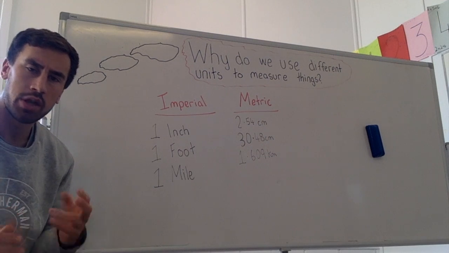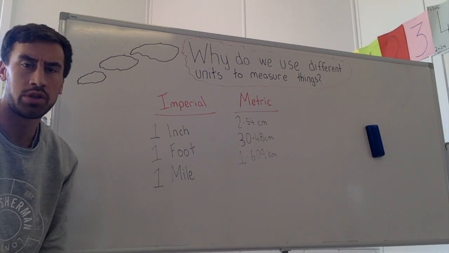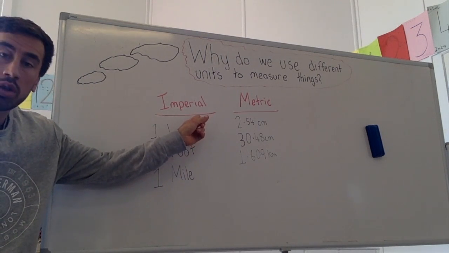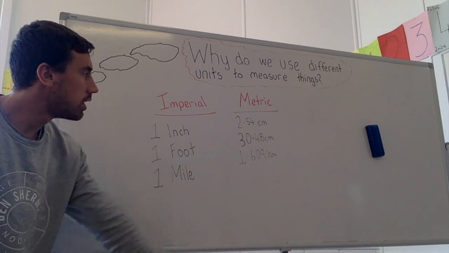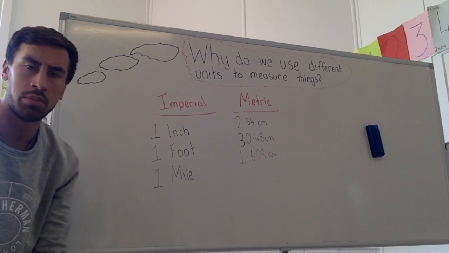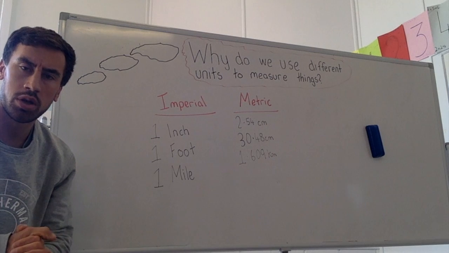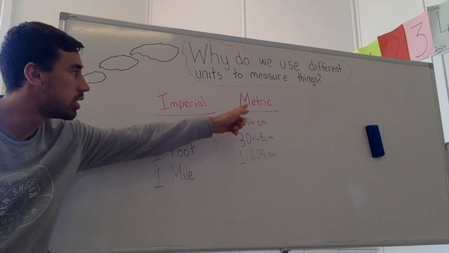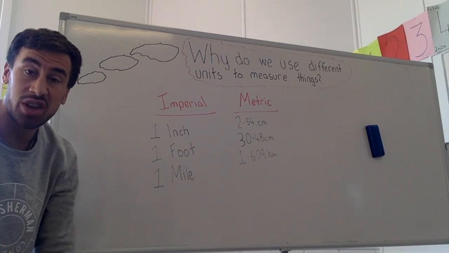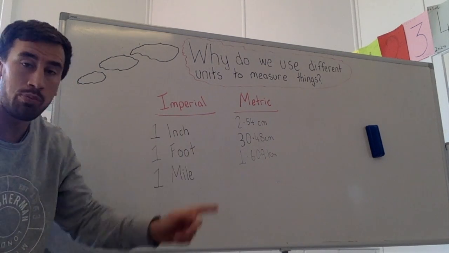So what we have are two different measurement systems. We have one which is called the imperial system. Then we have one which is called the metric system. Now, typically, we will use the metric system in Australia. In certain other countries, they may use the imperial system.